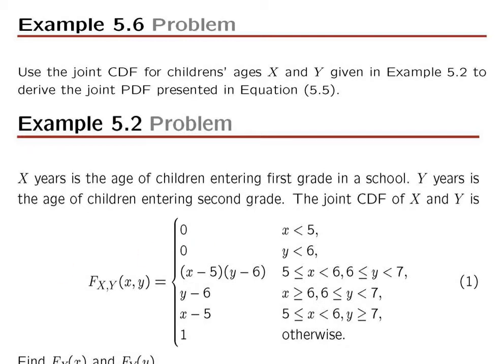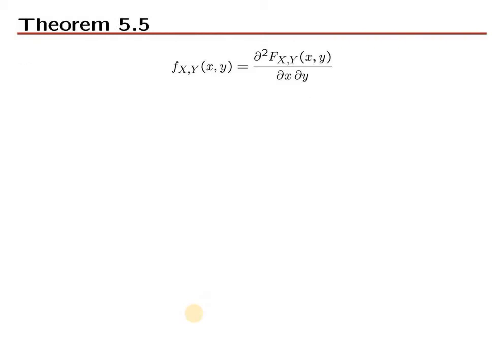So I just copy this example here so that I know exactly what the equation was. If I go back and look at the theorem, it says that you have to take the second partial derivative with respect to x and y.